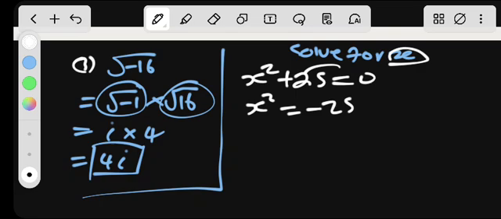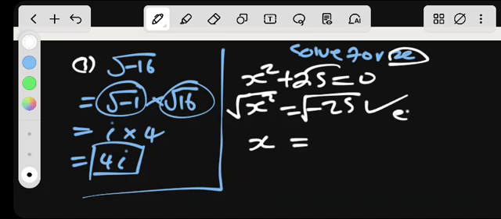Then you know you're supposed to take the square root. But when you punch this in your calculator, because there's a negative, your calculator will give you an error. So remember the complex numbers. Do not say the x value does not exist; remember, you have learned about complex numbers.